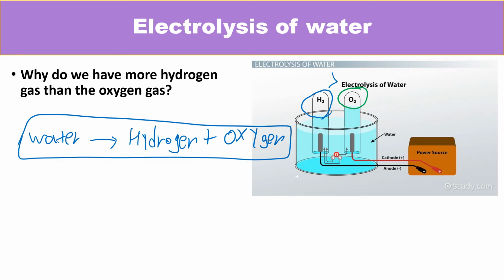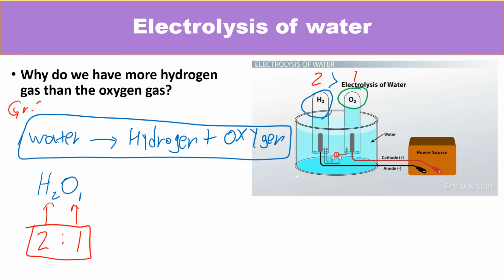I want you to think about water structure, which you should know, H2O, which means technically it's H2O1. This should explain the ratio because hydrogen, I have two of them, oxygen, I have one of them. So the ratio is 2:1. This is the grade 9 way of explaining things.